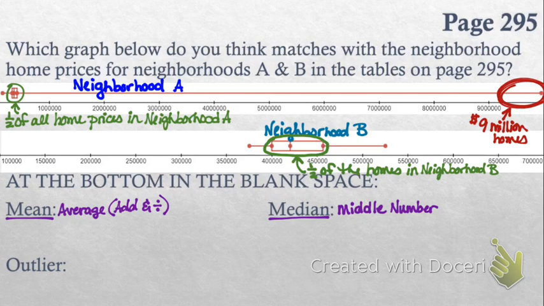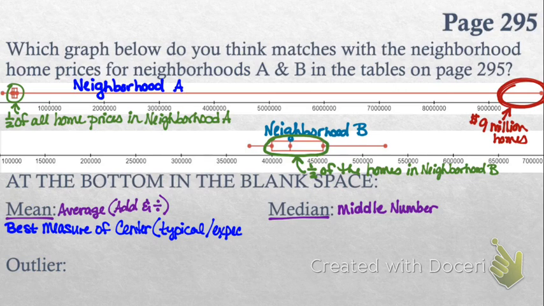So the mean is the best measure of center, so what's typical or expected, when the data is all close together.